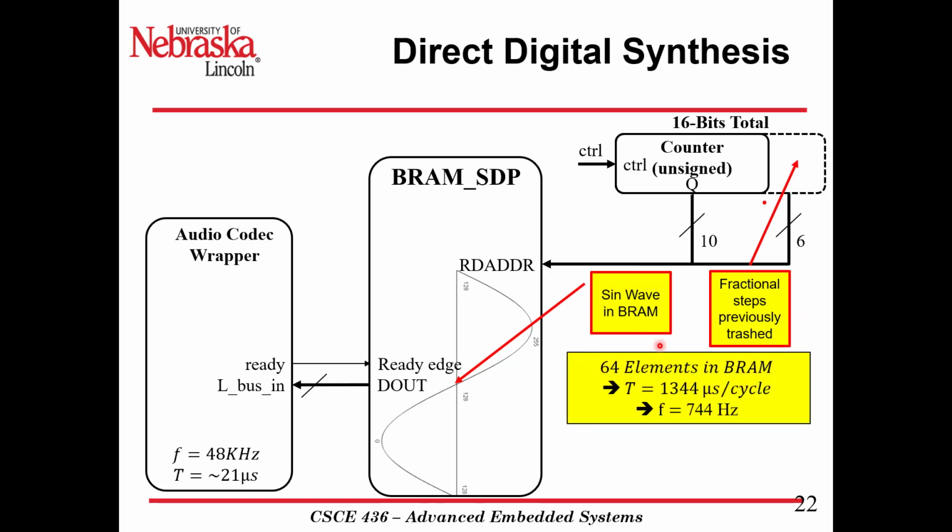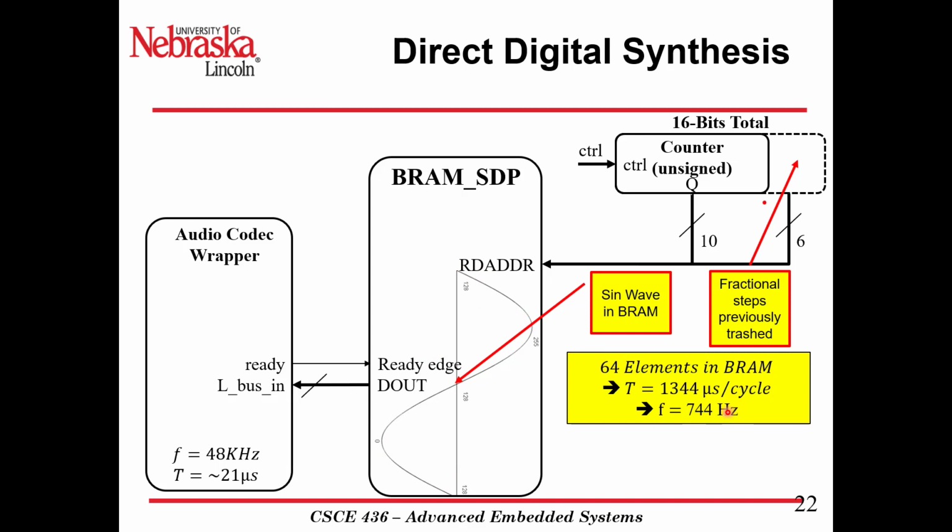If I have 64 elements in DRAM, my period to print those 64 elements to the display would take roughly 1344 microseconds. So that's 21 times 64. Invert that, so that's microseconds per cycle through the whole waveform.